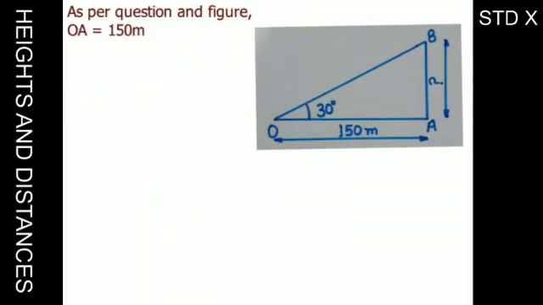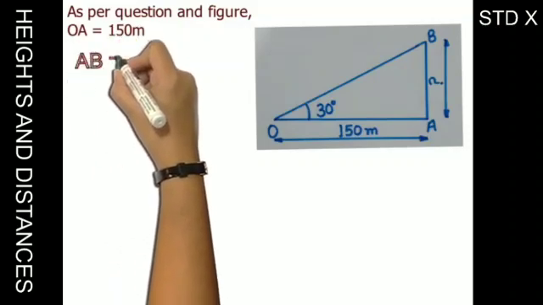As per the question, OA, that means the base, equals 150 meters, and AB is the height of the tower. Angle OAB equals 90 degrees.